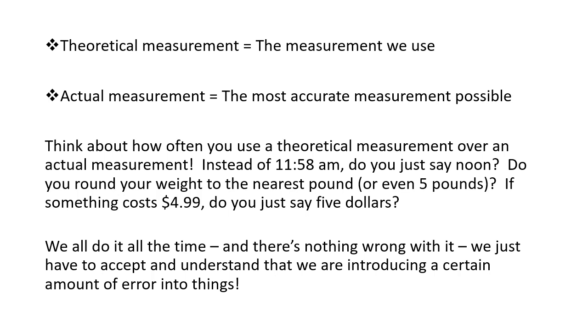So it's the measurement that I take it to be, that I assume it to be. It's my age sort of in theory. So even though that theory is based on some degree of fact, the accurate measurement is what we would call our actual measurement. So it's what it really is, and any difference between that theoretical measurement and that actual measurement creates a certain amount of error.